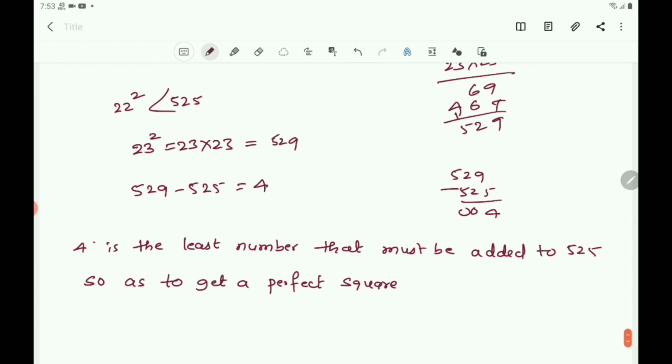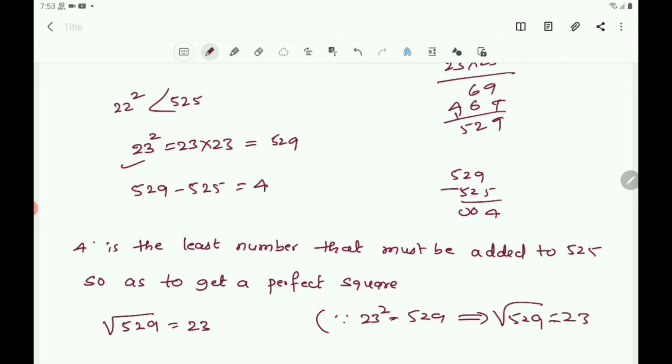The perfect square you got here is 529. The square root of the perfect square you got here, 529, you know that the square root of 529 is 23, because you know that 23 square equals 529. That implies the square root of 529 equals 23.